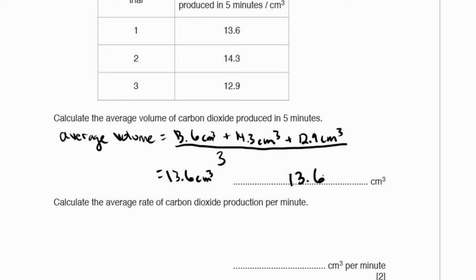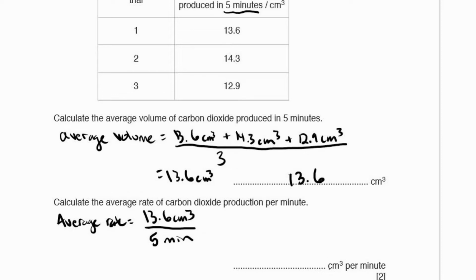And then we have to calculate the average rate of carbon dioxide production per minute. All right, so the average rate equals the average volume, that's 13.6 centimeters cubed, divided by the time. And it says it's in 5 minutes, so 5 minutes.